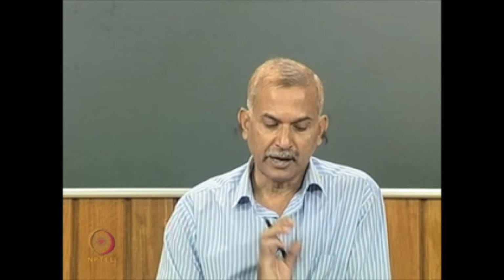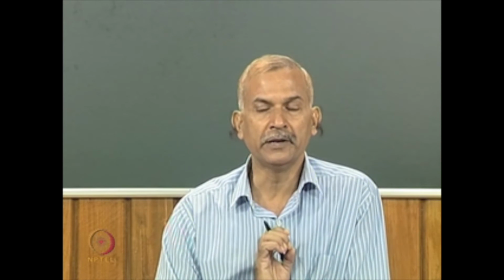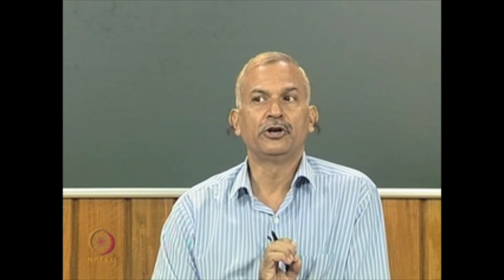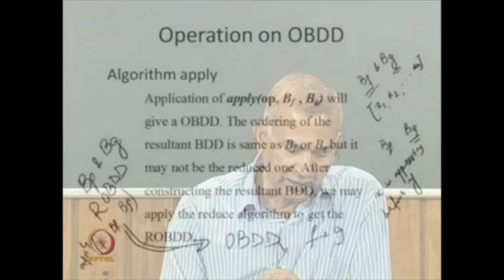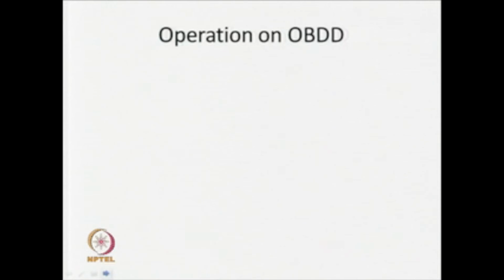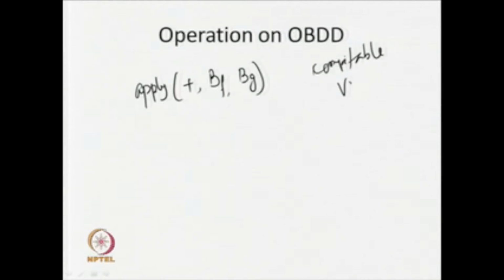Okay. So, after the apply algorithm, what can we do? We can use the reduce algorithm to get the reduced ordered binary decision diagram, the ROBDD. So, basically, we use the apply algorithm, applying some operator, say plus, to BF and BG. They should have compatible variable ordering.